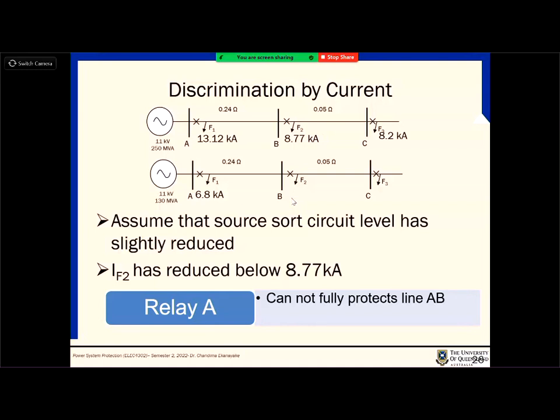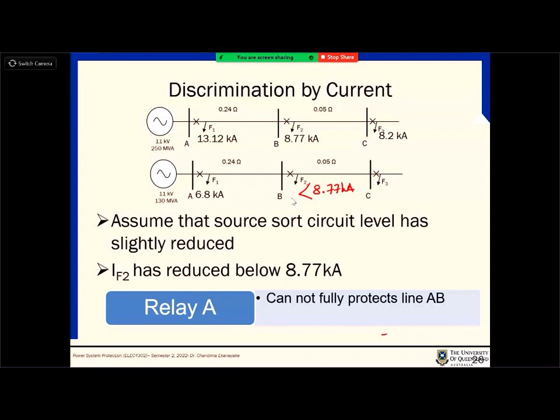The current is here, less than 8.77, right? You can calculate it the same way as I put it there. If this is dropped from 13.12 to 6.08, then 8.7, it will be lower than 8.77.